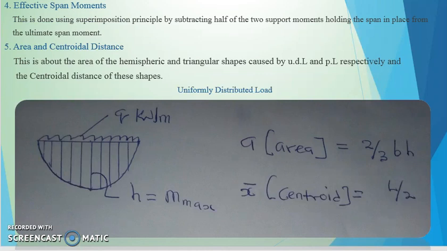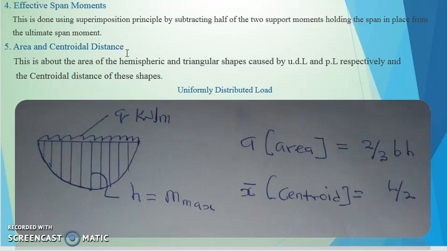Then the fourth is the effective span moment. This is done using the superposition principle by subtracting half of the support moment holding the span in place from the ultimate span moment. This I will demonstrate and you will understand what I'm talking about here.